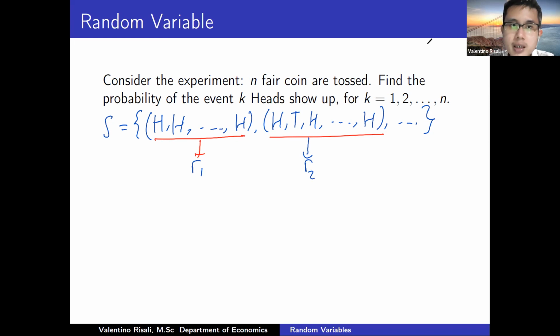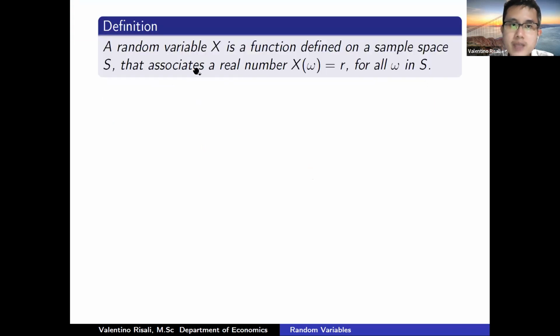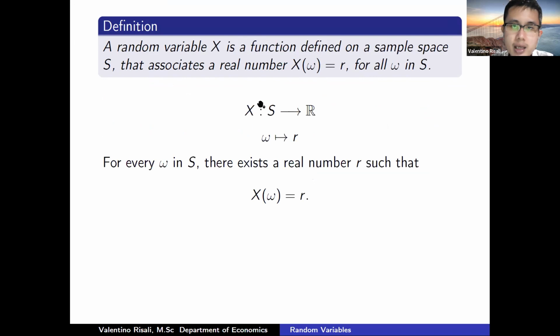A random variable X is a function from the sample space S to the set of all real numbers R. In function notation, X maps S to R, which corresponds every element in S, let's say omega, to a unique real number.